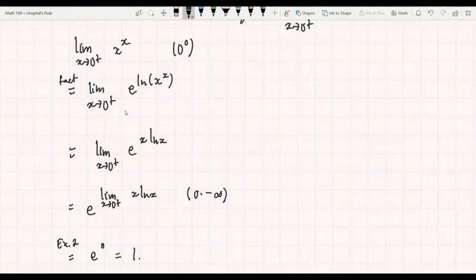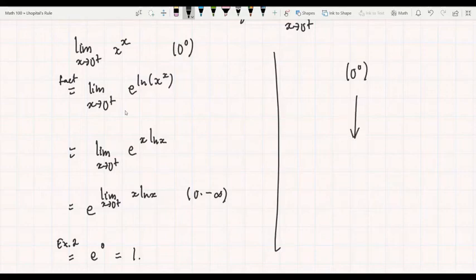So here we can see that for exponential types, from 0 raised to 0, you go through 0 times infinity, and then for this one, you can convert it to either 0 over 0 or infinity over infinity.